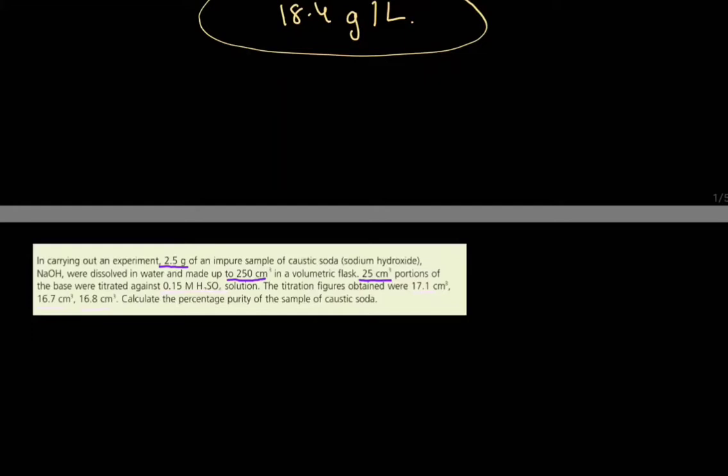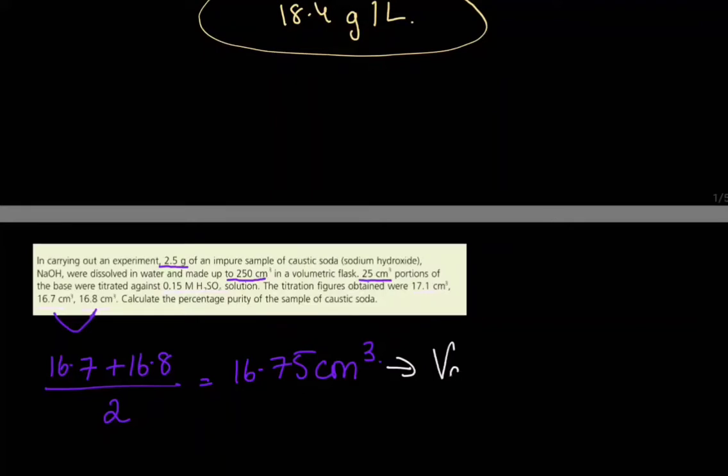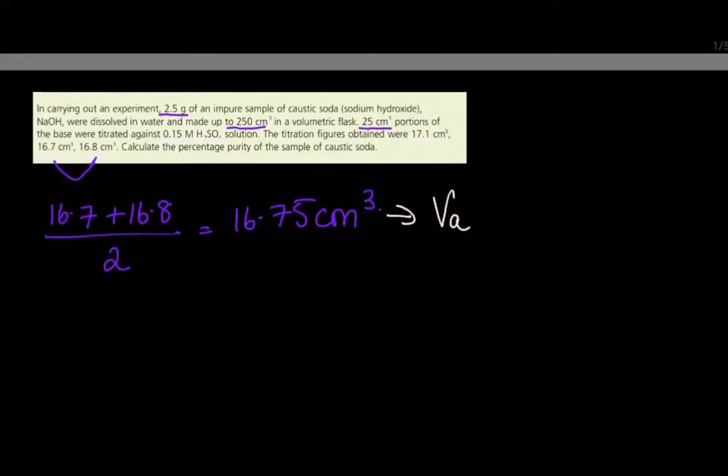So that means that those 2 values differ by only 0.1, and those 2 values are here. So what I'm going to do is take the average of those 2 values, and we'll get 16.75 centimeters cubed. Okay, and that is going to be your volume for the acid used. So that was slightly different.